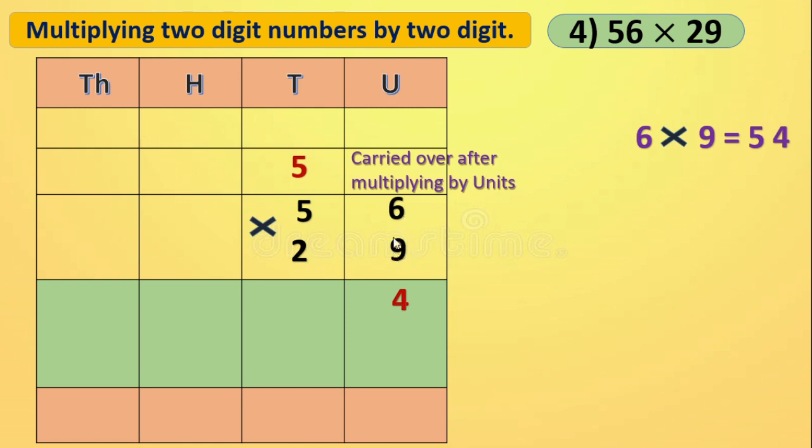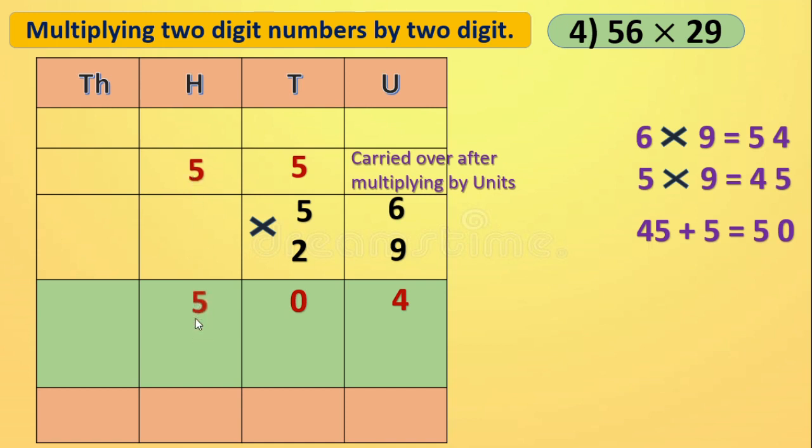Then 5 nines are how much? 45. 45 plus 5. How much? 50. This you have to remember. Okay. 45 plus 5, that is 50. So here we will write 50. And again 0 will remain here. 5 is carried over to hundreds place. Right? So nothing is there, then we will write 5 down.